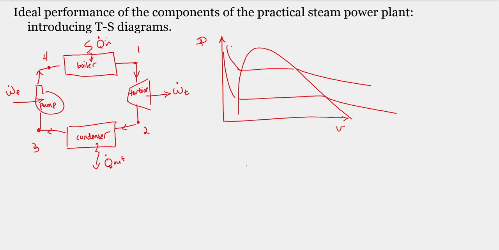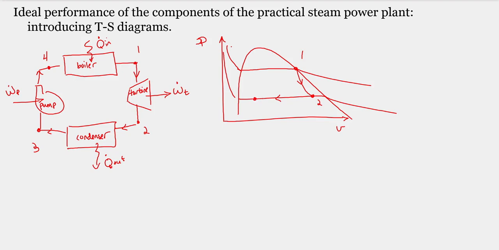And we said that state 1 at the entrance to the turbine would be a fully saturated vapor. And we would then expand from state 1 to state 2 and then condense to a saturated state. For the Carnot cycle, we stopped somewhere within this pressure isobar within the saturation region.